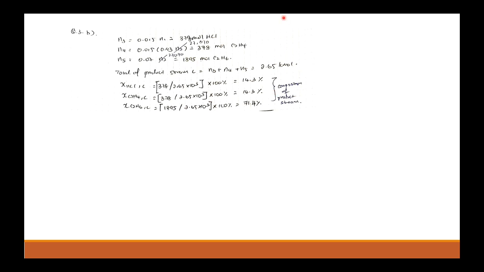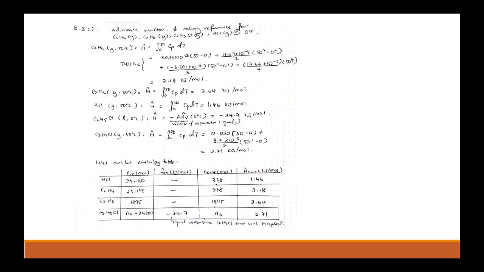Okay, so for part C, write an energy balance around the reactor and use it to determine the rate at which ethyl chloride must be recycled. So our reactor operates in an adiabatic condition, and taking the reference for this at 0 degrees Celsius.